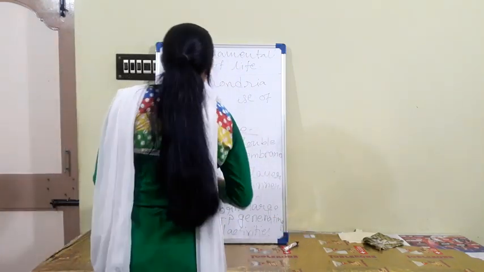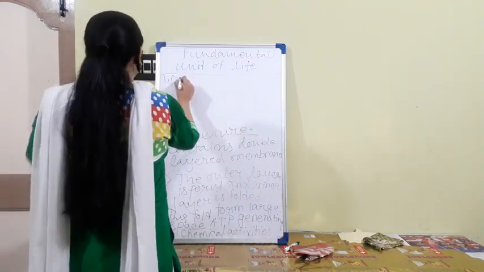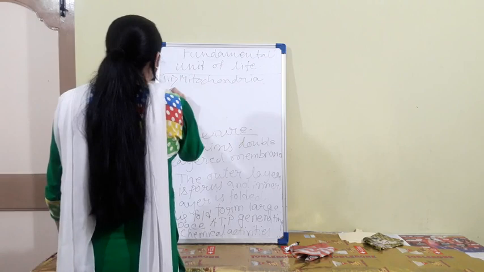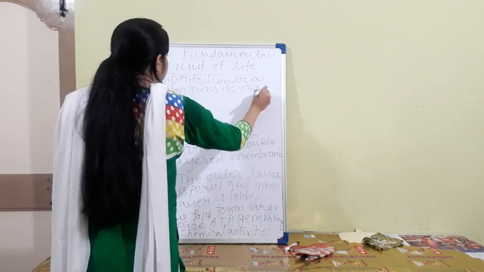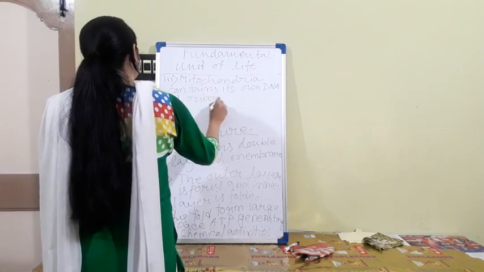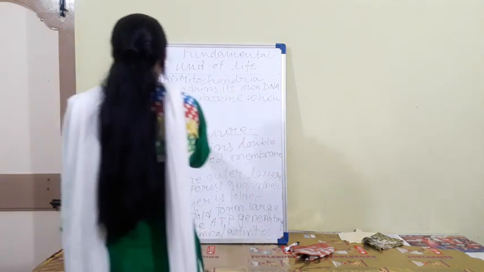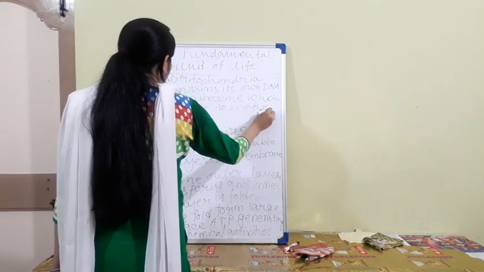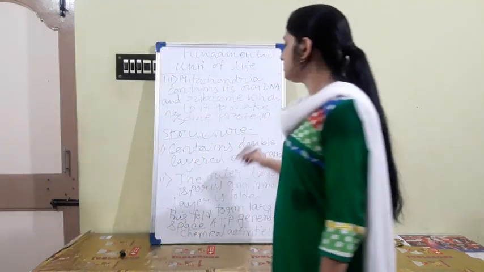And the last one, mitochondria contain their own DNA and ribosome, which help it to make some protein. So this is the structure.